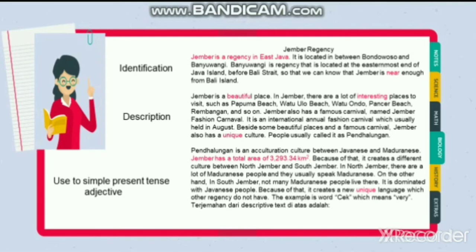For now, we can look at identification. Okay, identification of this text is in the first paragraph. This section introduces the reader to Jember regency, which we will explain in detail in the next step.